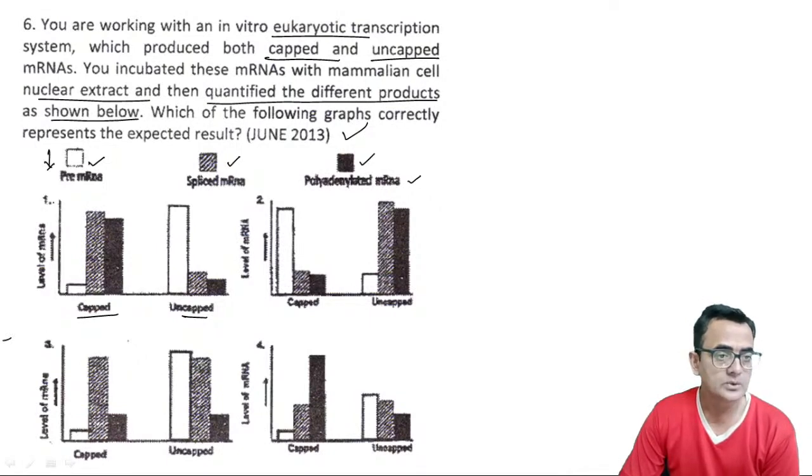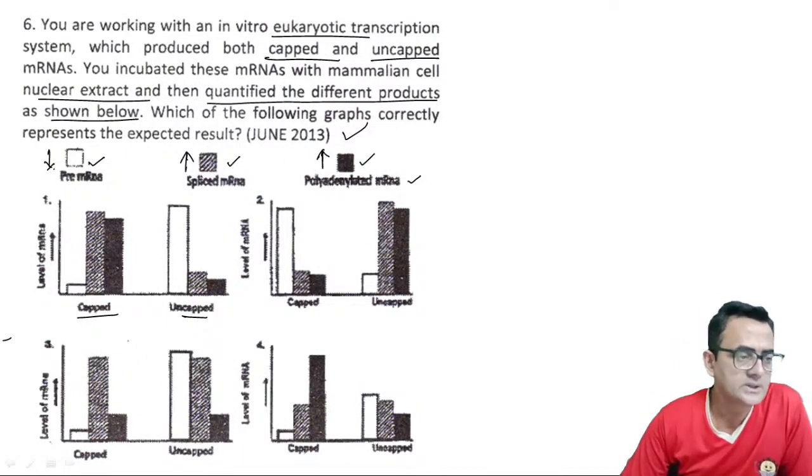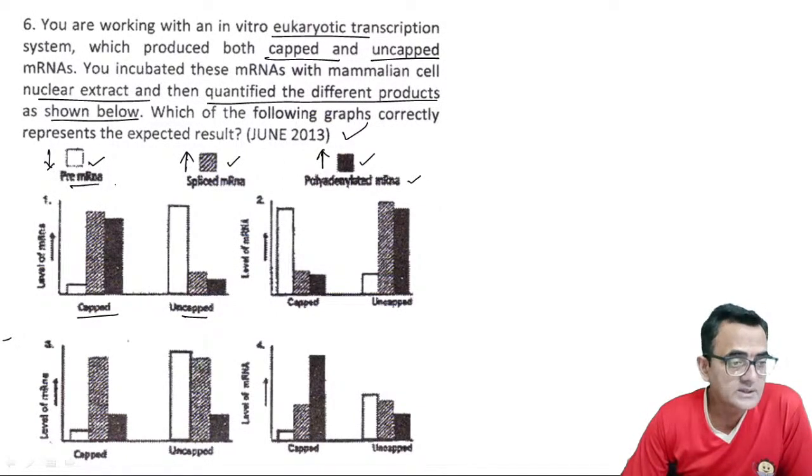So in the capped condition, splicing is also very well noticed. So the spliced mRNA concentration would be high. Pre-mRNA would be low because the capping is there, and consequently the polyadenylated mRNA will also be more. So this is less, and these two are more in the capped condition.